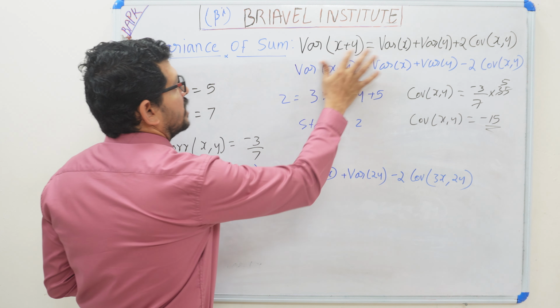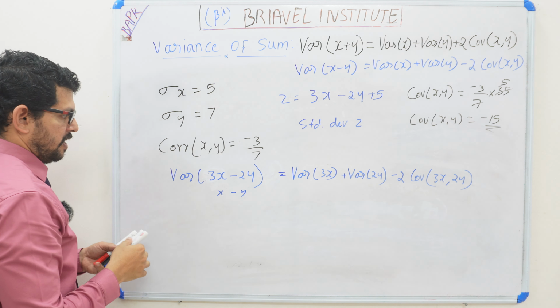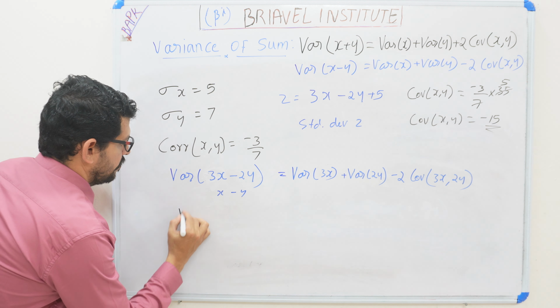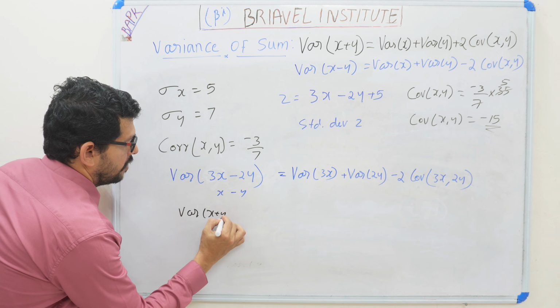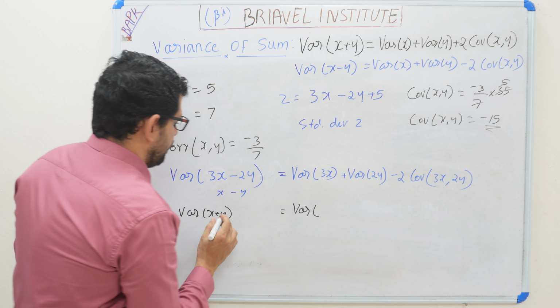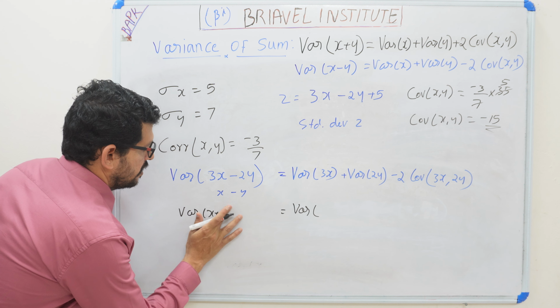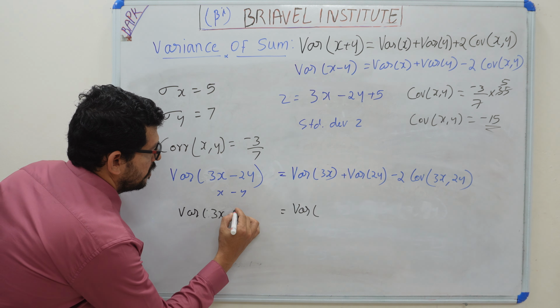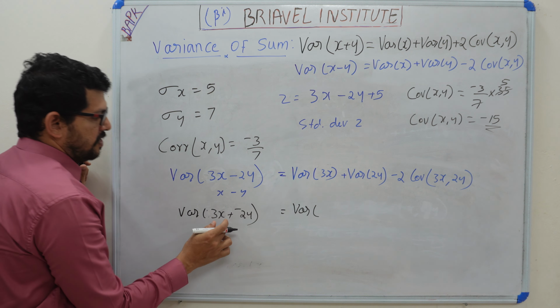If we are applying the x plus y formula, what will happen? If you are applying the variance of x plus y formula, then we have to write variance of 3x plus minus 2y. You have to change it like that.